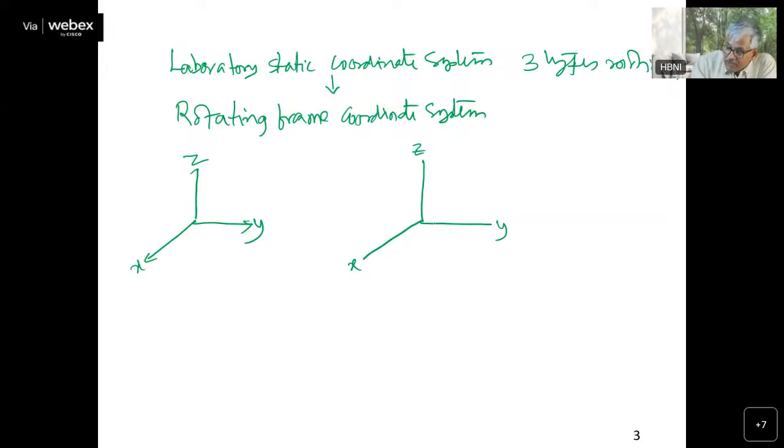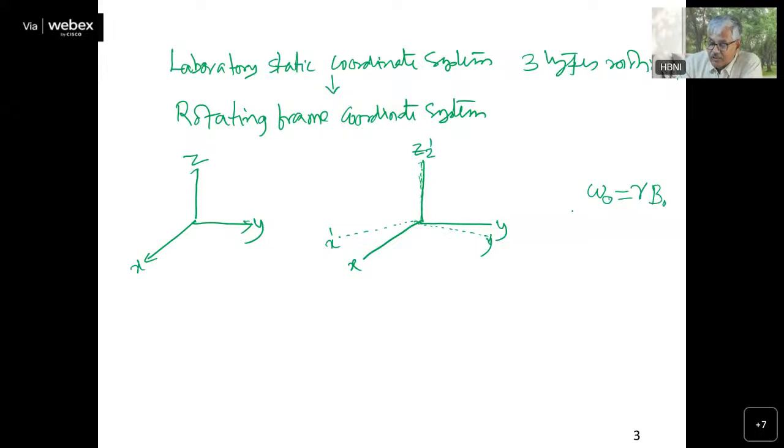Now we are rotating this coordinate system, so this is your x prime, this is y prime, and this is z prime, and these coordinates are rotating at the same frequency omega 0, which is nothing but gamma B0.